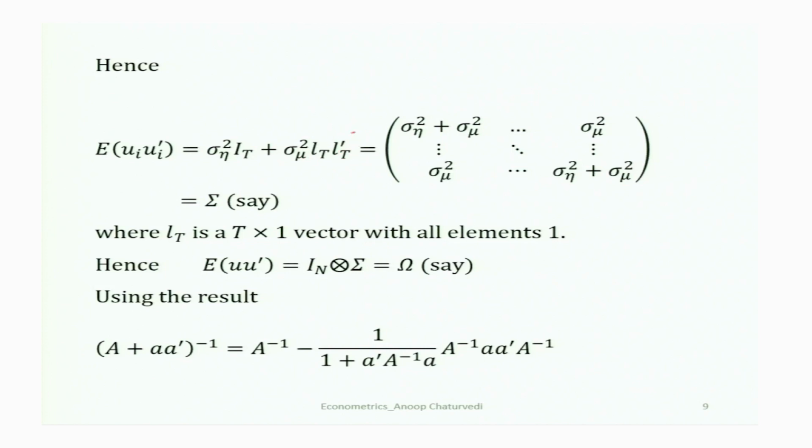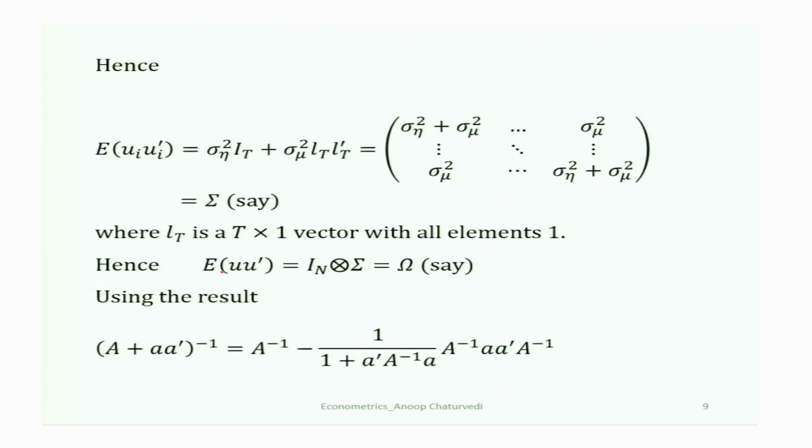Actually, L_T L_T transpose is a T by T matrix with all elements equal to 1. So, you get this matrix. If you take sigma square eta I_T plus sigma square mu L_T L_T transpose, then you get this matrix, and then we write this equal to capital sigma. Again, L_T is T cross 1 vector with all elements equal to 1.